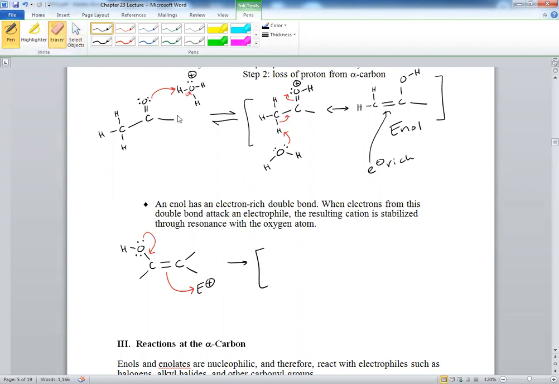And you would produce, okay, the electrophile right there. So we added the electrophile right there. Now, of course, we have the double bond right here with a positive.